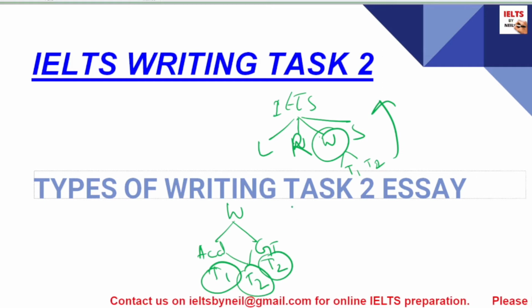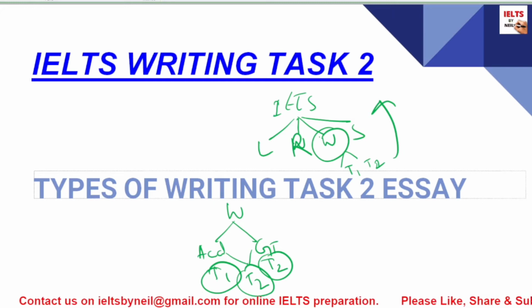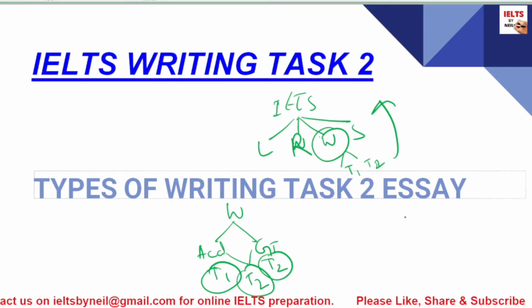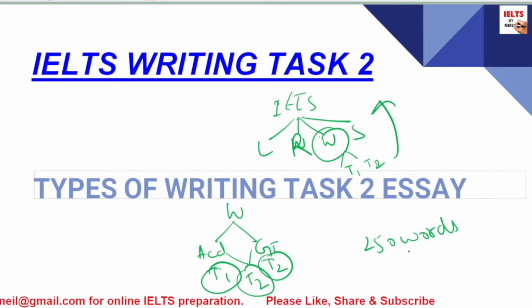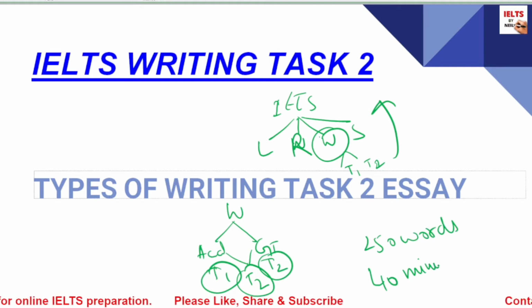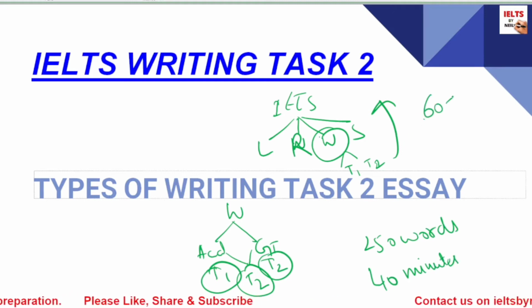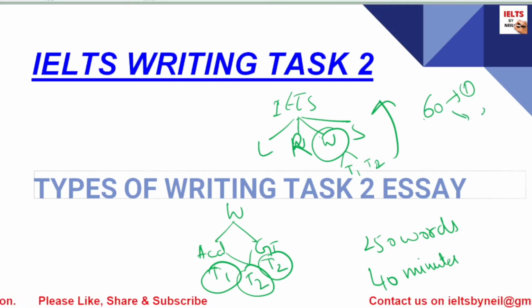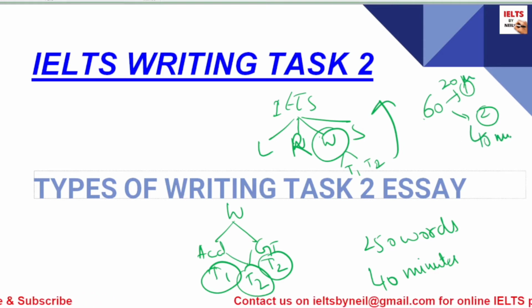Okay, so task 2 in IELTS writing is essay writing, in which you have to write 250 words, and we normally keep 40 minutes for this task because you get 60 minutes for both task 1 and 2. So 20 minutes we keep for task 1 and 40 minutes we keep for task 2.